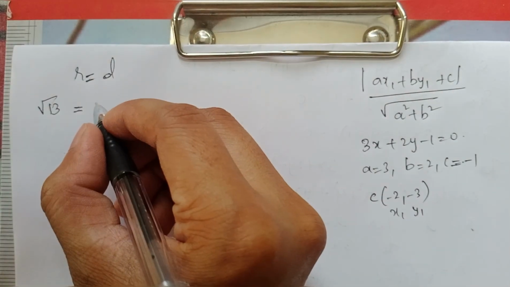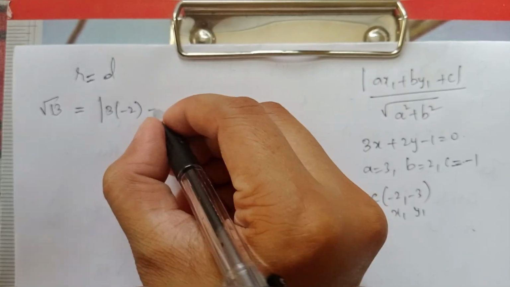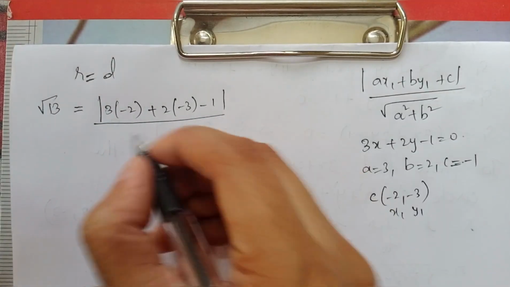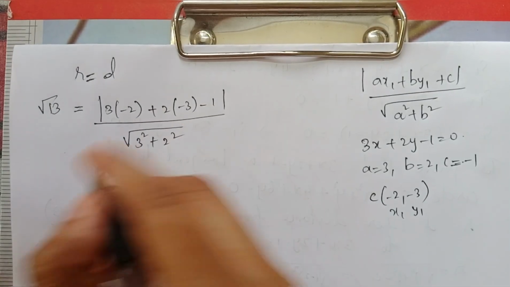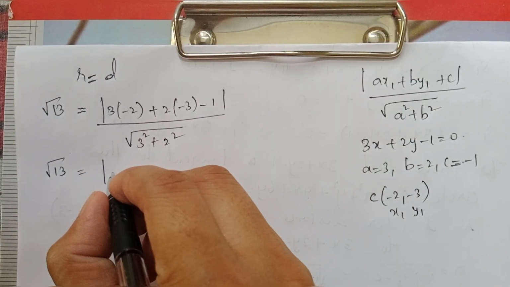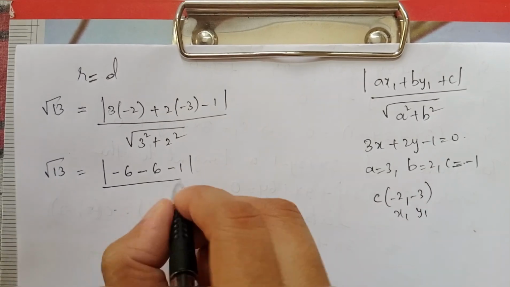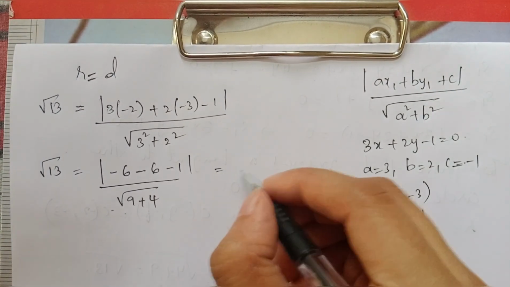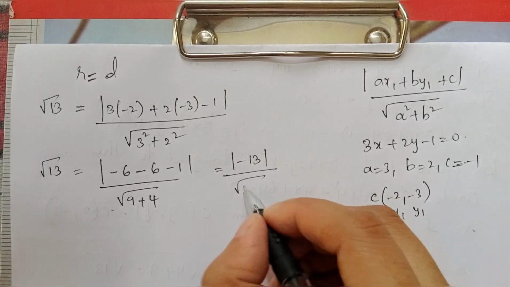We substitute, we get |3 × (-2) + 2 × (-3) - 1| by root of 3² + 2², so root 13 equals |-6 - 6 - 1| by root of 9 + 4, which is |-13| by root 13.